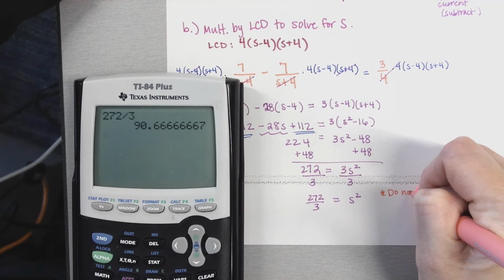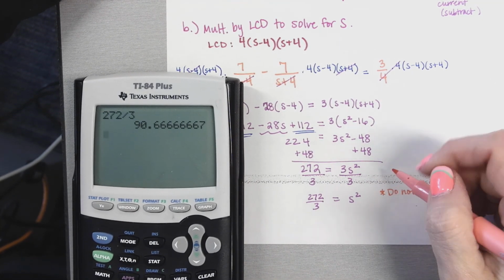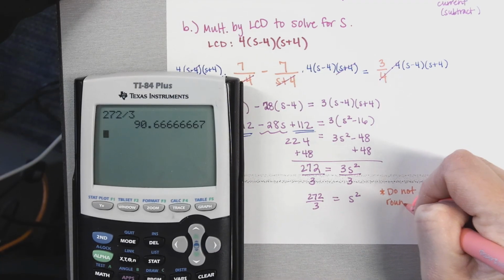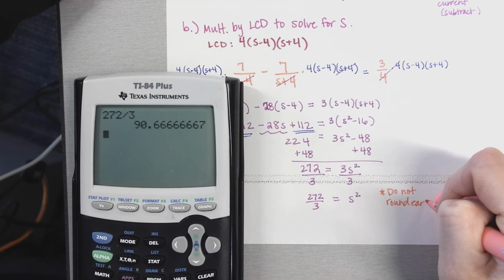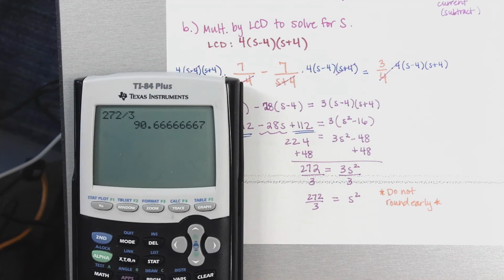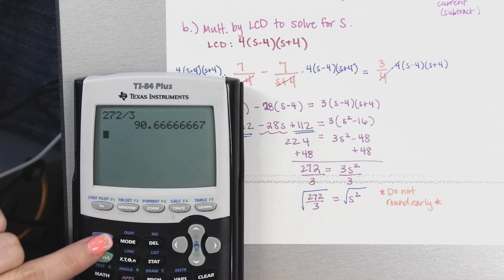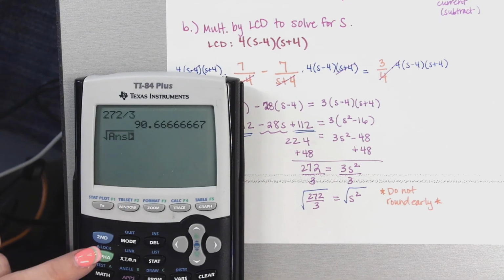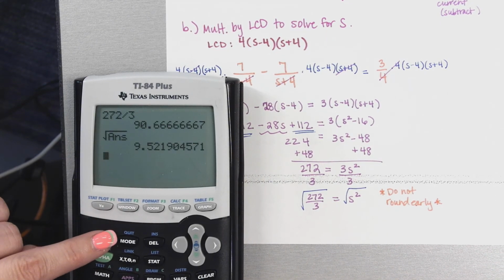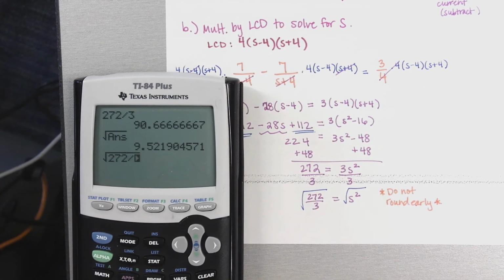You can use the answer key in your calculator. Okay, and then when you take your square root, you can either do the square root of second answer, or you can do the square root of 272 divided by 3.